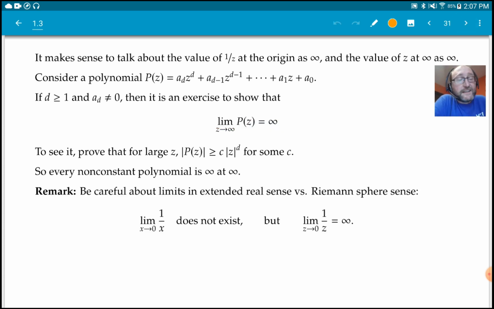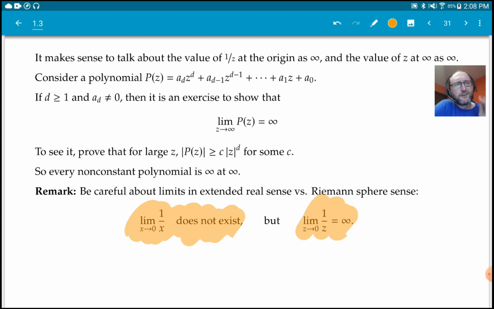Now, one thing to be careful about with the Riemann sphere and these limits is that sometimes what topology we're talking about is implied by context. The following by itself seems odd to write down: the limit as x goes to 0 of 1 over x doesn't exist, right? But if I make it z, it's suddenly infinity.